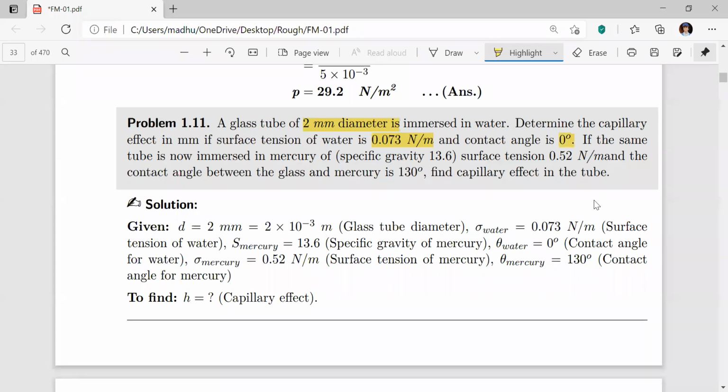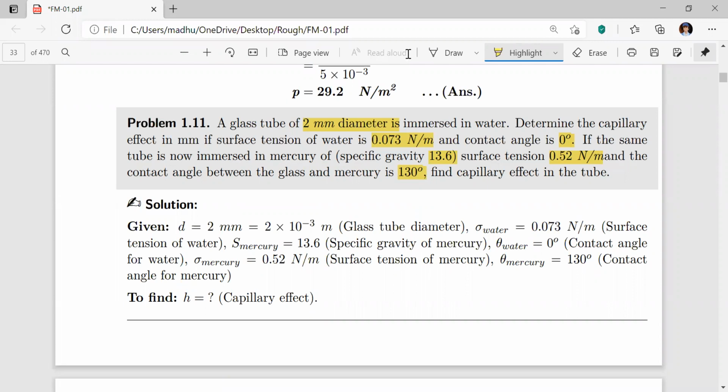If the same tube is now immersed in mercury with a specific gravity of 13.6, which has no units, surface tension 0.52 Newton per meter, and the contact angle between glass and mercury is 130 degrees, find the capillary effect in the tube. So this is what they have given as the problem.